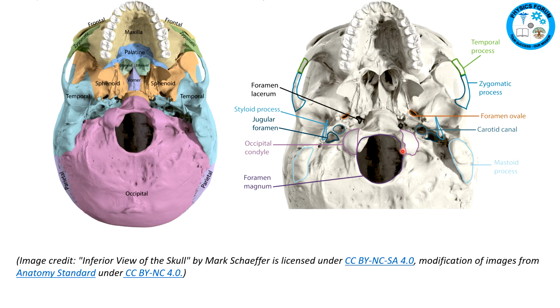Other foramens are also there, like jugular foramen for veins and cranial nerves, carotid canal. Here you can see the carotid canal for arteries supplying the brain. There are also foramen ovale and foramen spinosum in this picture, which also serve as passageways for the nerves and blood vessels.